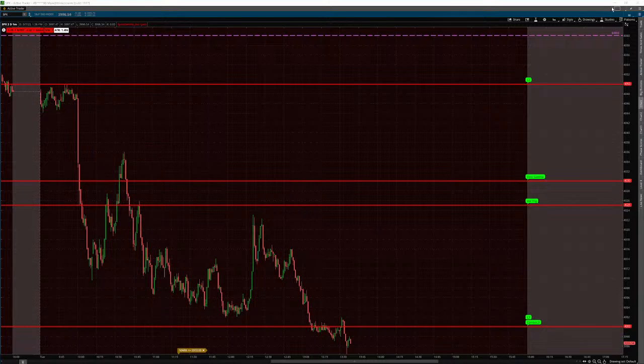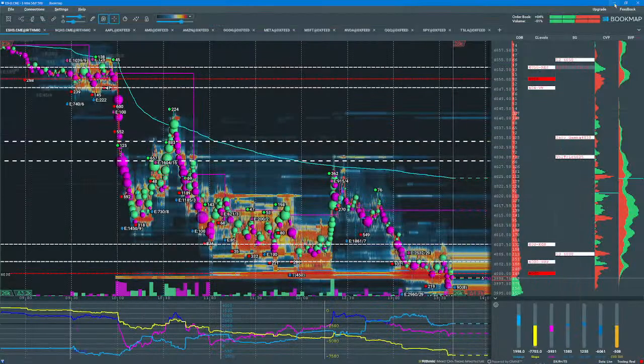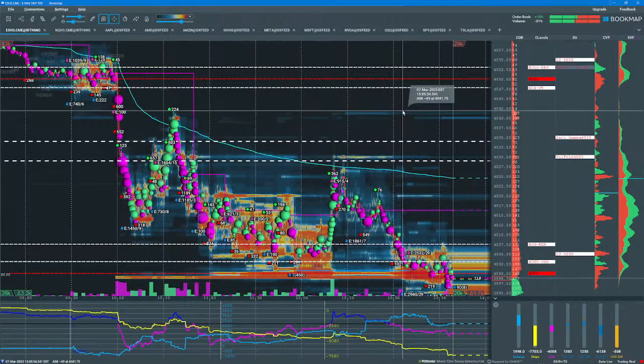Now let's go to Bookmap. The reason I'm showing this chart is just for simplicity, just to show price action and levels. There's a lot going on in a Bookmap chart, so I wanted to show this first. All right, so this is Bookmap, and we'll see the same levels in play.